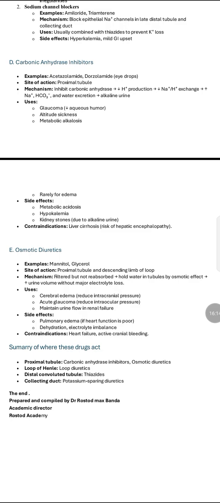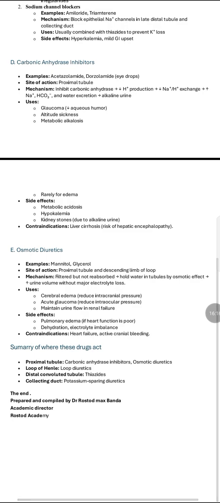So these ones are excreted through the urine and they attract or hold on to fluids like water, right? Uses: cerebral edema, acute glaucoma, maintaining urine flow in renal failure. Side effects: pulmonary edema, dehydration, electrolyte imbalance. Don't give to people with heart failure, okay. Active cranial bleeding, don't give.